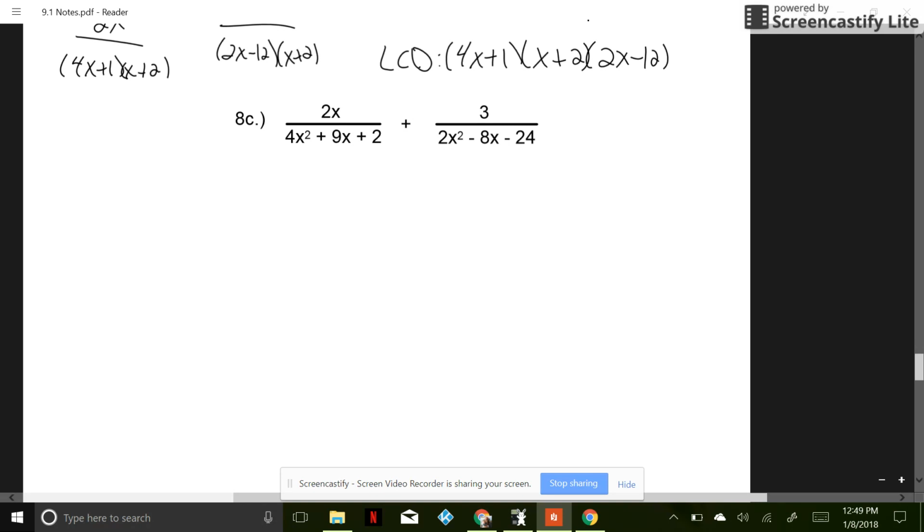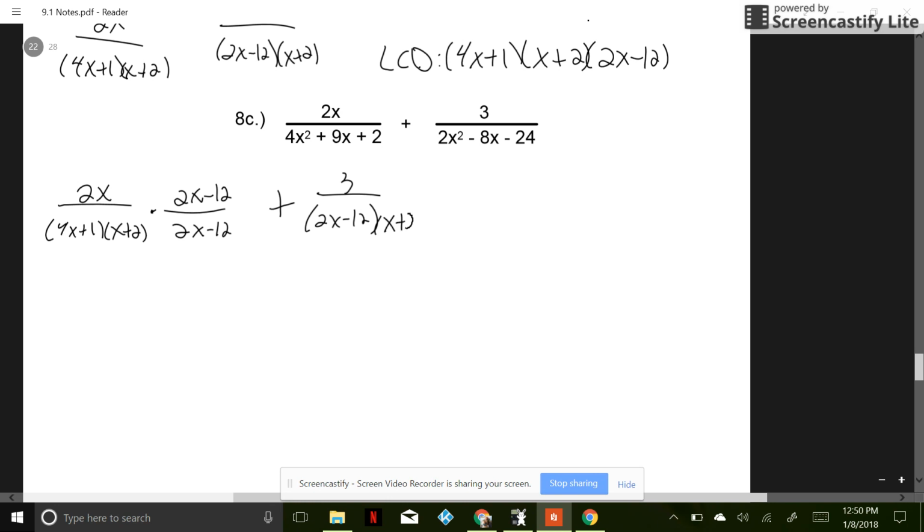All right, so we've got 2x over 4x plus 1, x plus 2. So it's missing the 2x minus 12 piece there. Then plus the 3 over 2x minus 12, x plus 2. So its denominator is missing the 4x plus 1 piece.